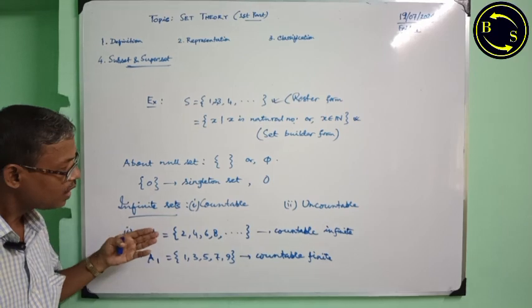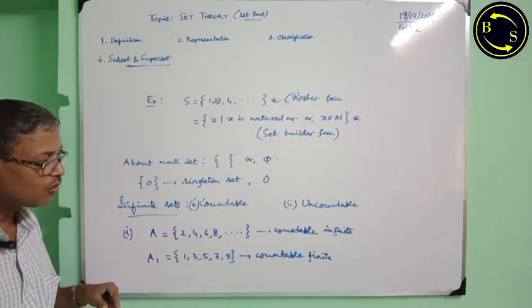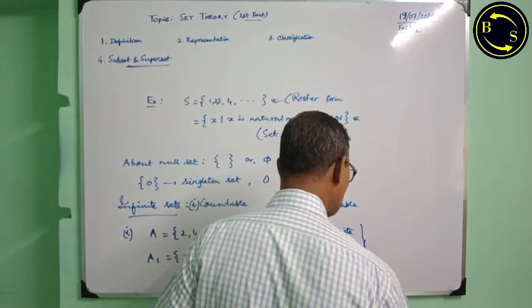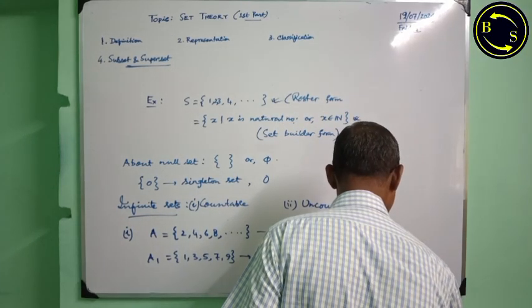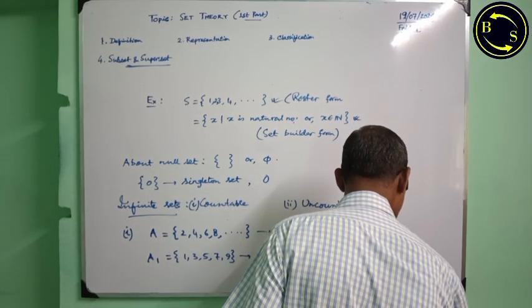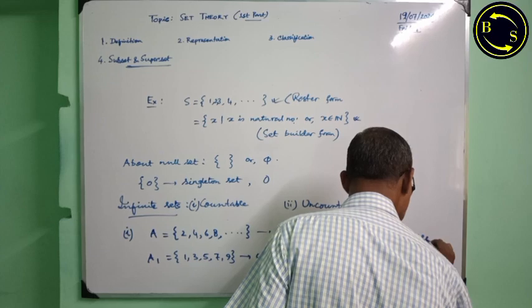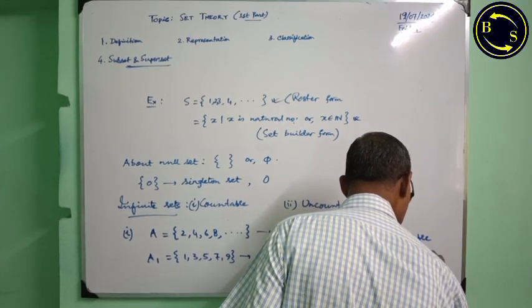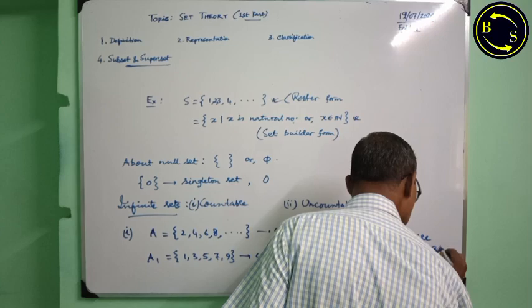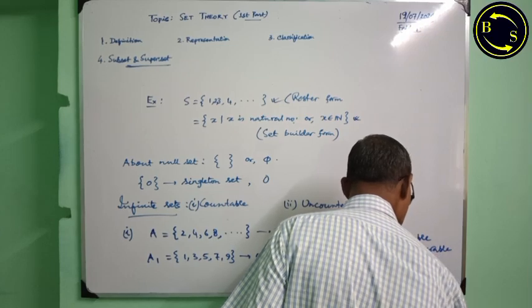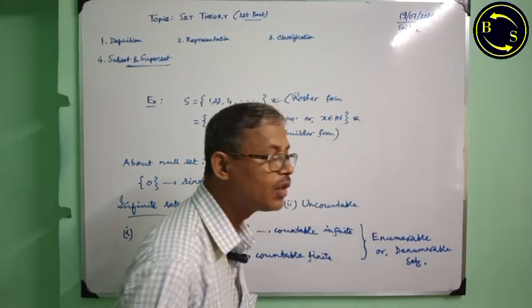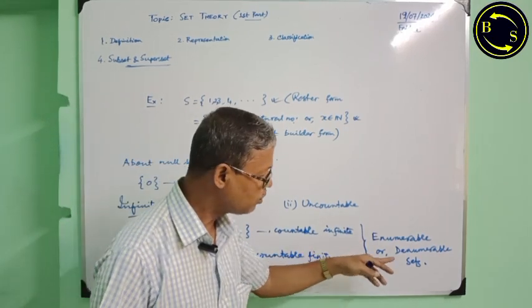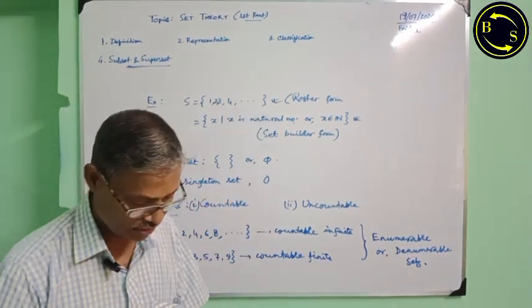Now, countable sets are also called enumerable or denumerable sets.